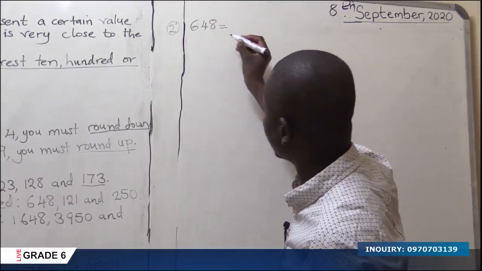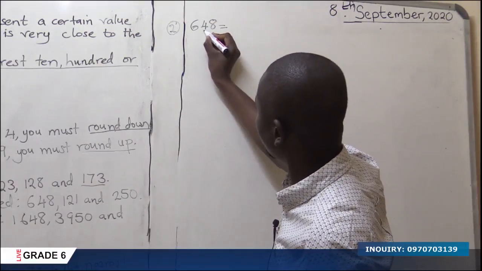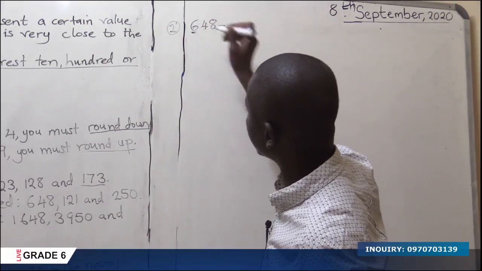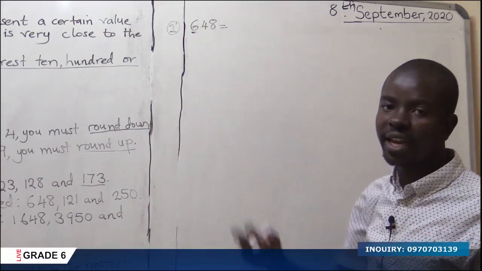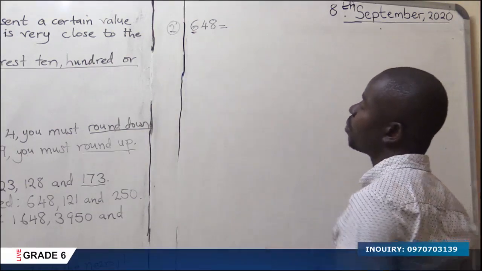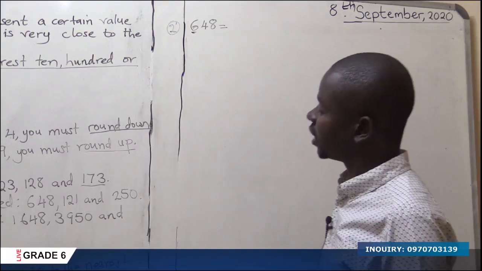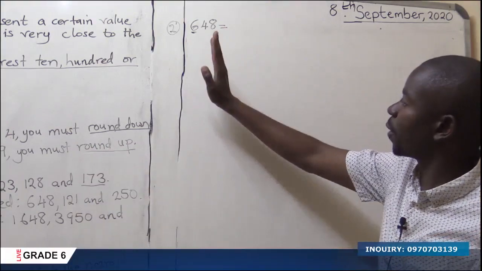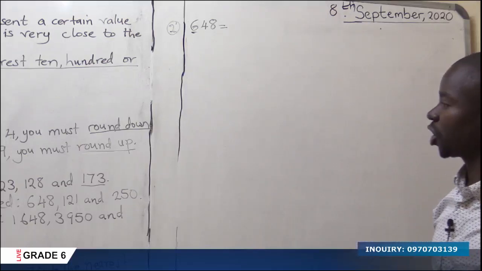You must understand that these are ones, tens, and then hundreds. Just like the way we solved question 1, it's the same method that we're going to use to solve question 2.